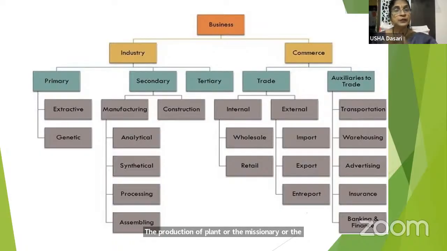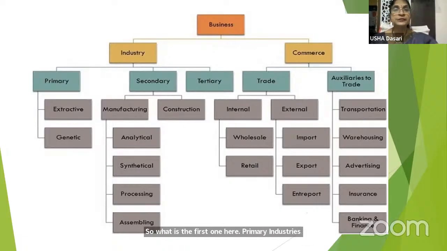Now if you see the slide, industry may be divided into three categories: primary industries, secondary industries, and tertiary industries. What is the first one? Primary industries.